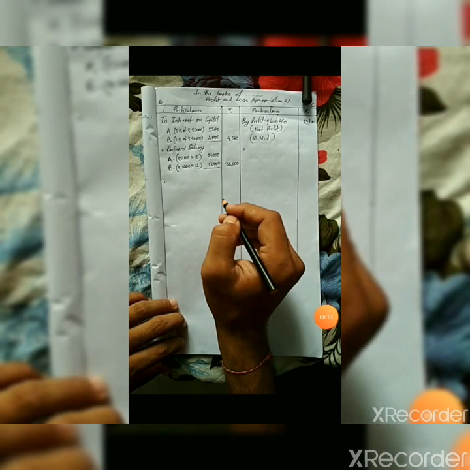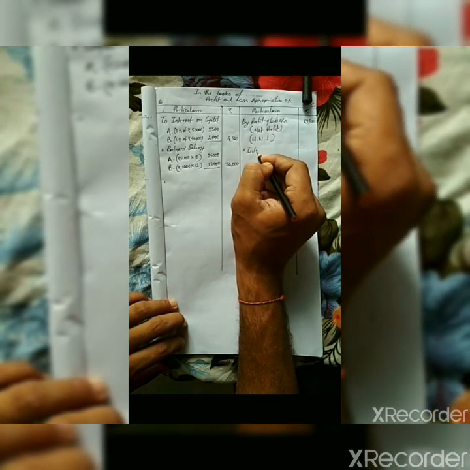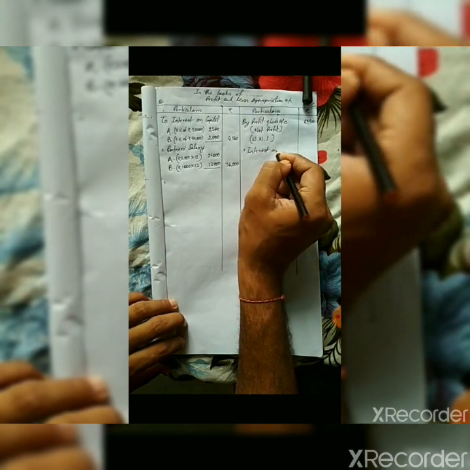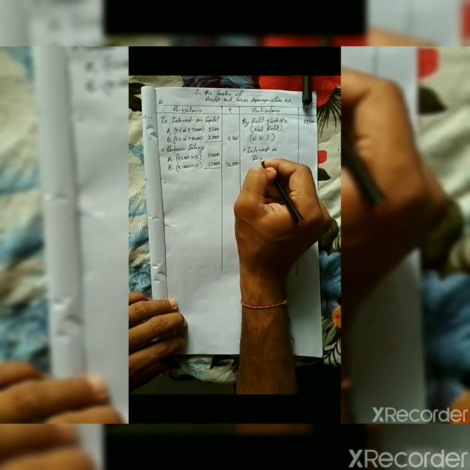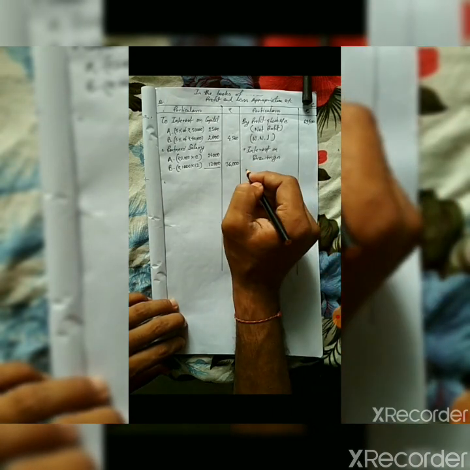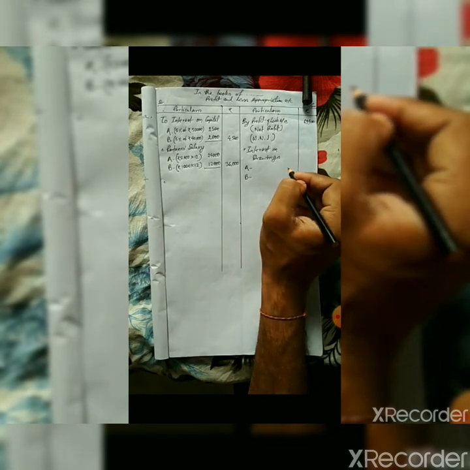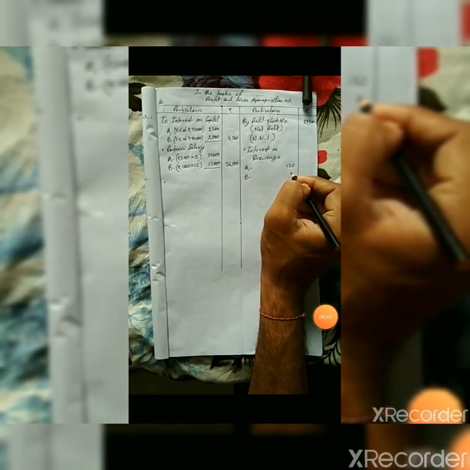Then comes interest on drawings. Interest on drawings we have already calculated. So in case of A, it was 120. In case of B, it was 80. So the total will be 200.